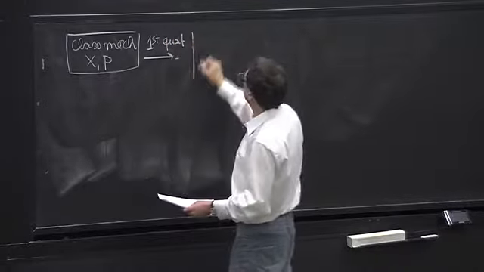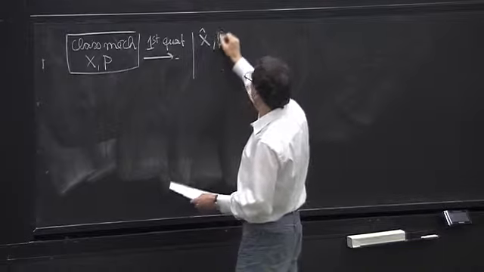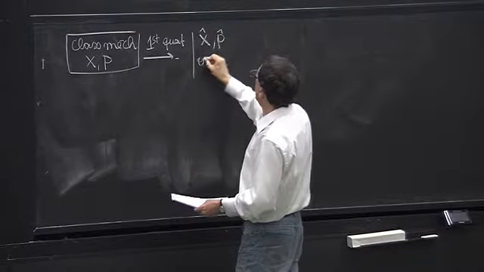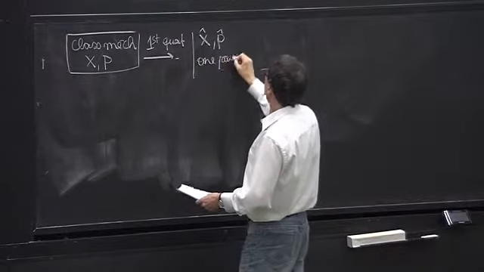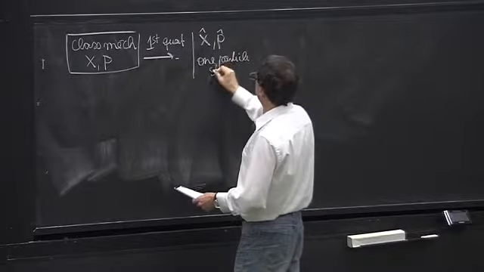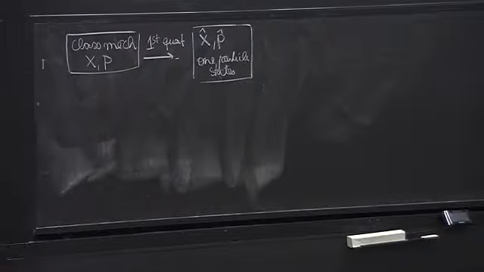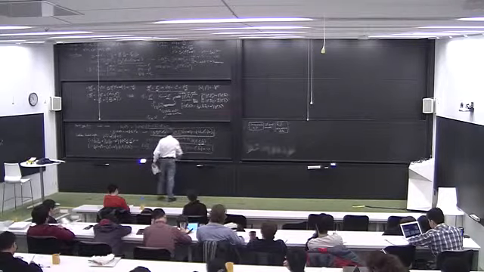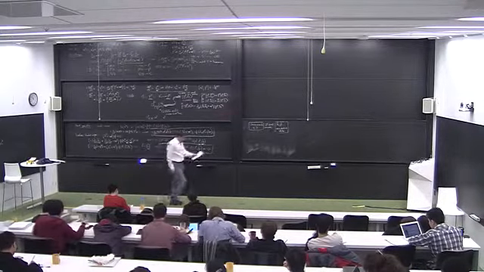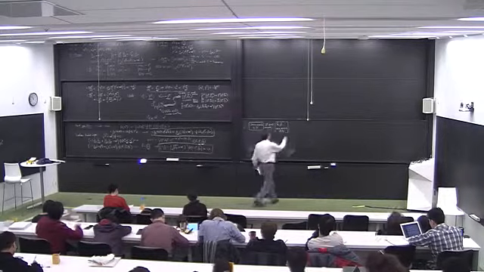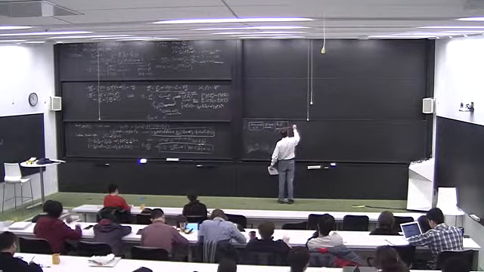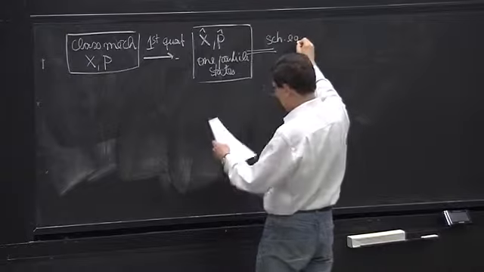And what do you get? X hat operators, P hat operators, and one particle states. That's what we got here, only the one particle states. Then you say, look, let me get the Schrödinger equation.